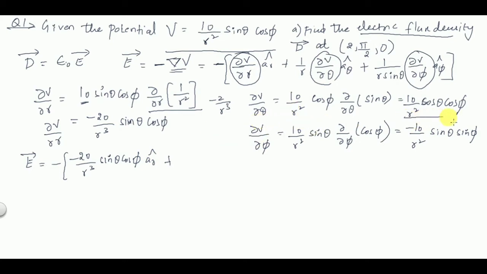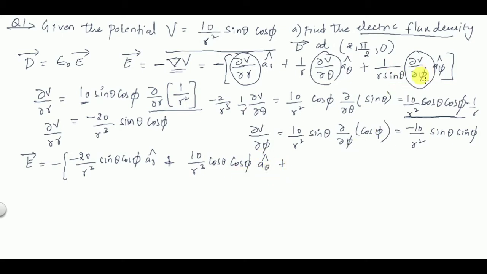You have to multiply dou V by dou theta with 1 by R, so it becomes 10 by R cube. So plus 10 by R cube into cos theta cos phi, and this is A theta cap.